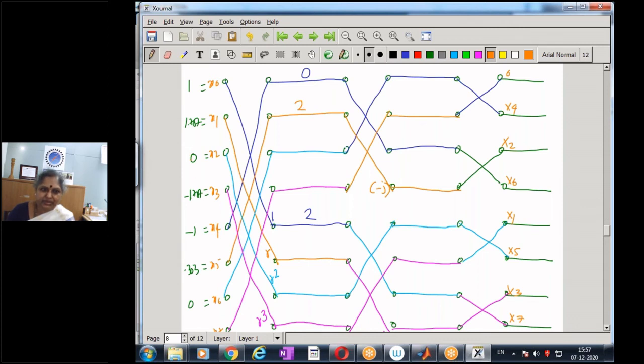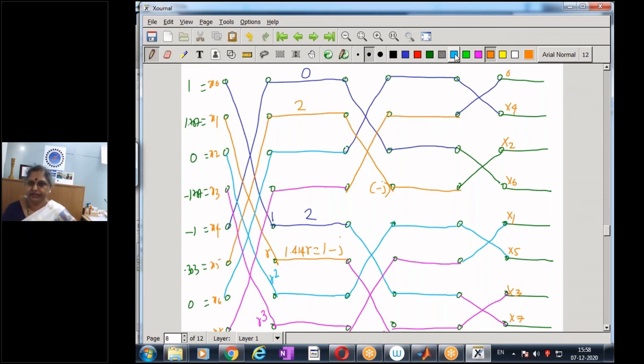And this is going to be 1.707 minus 0.303, that is 1.414, into gamma. This is 1 minus j.